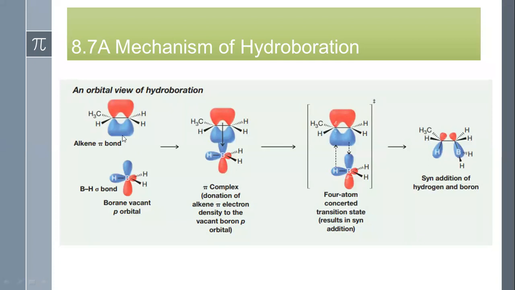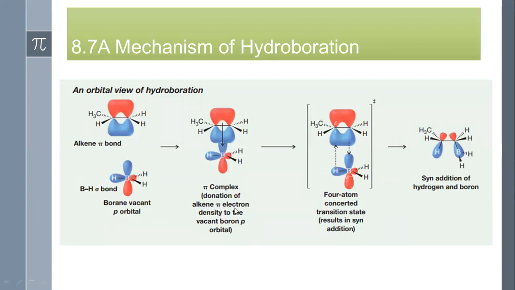The same side of the p orbital will form a complex with the p orbitals of your alkene. So they form a complex.